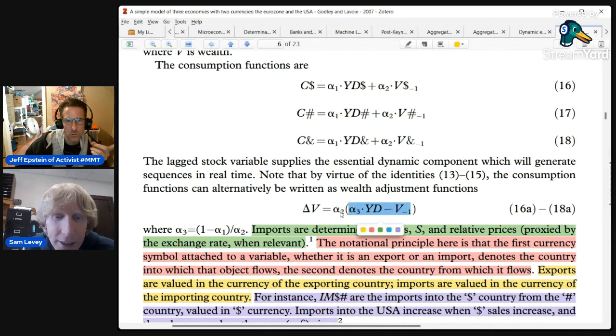And this bit in here is only going to be 0 if V is equal to alpha 3 times YD. Alpha 2 could also be 0, but it's not. So delta V is 0 if V is equal to alpha 3 times YD.